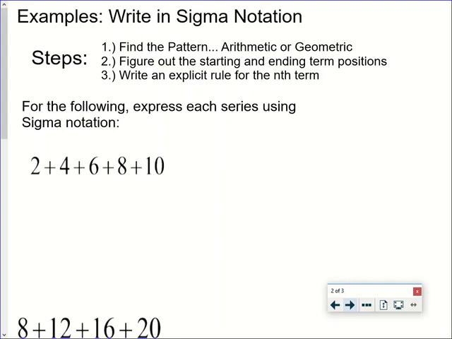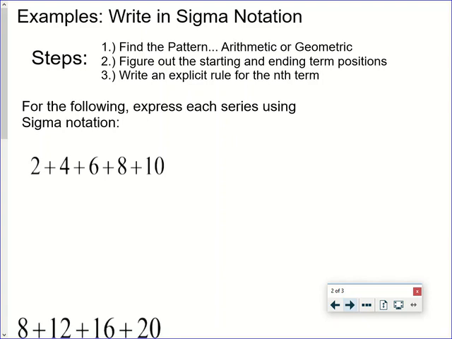So the first thing you are going to do is look for your pattern, so your D or your R, depending on which kind of sequence it is, if it's arithmetic or geometric. Then step 2 is going to be figuring out your starting and your ending term position.